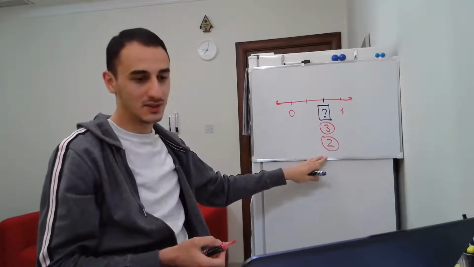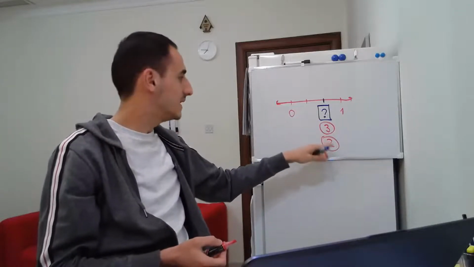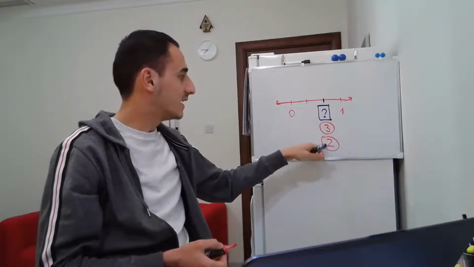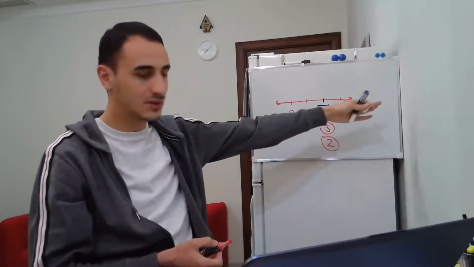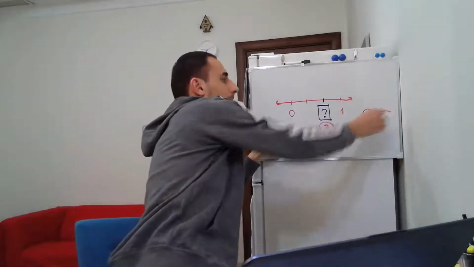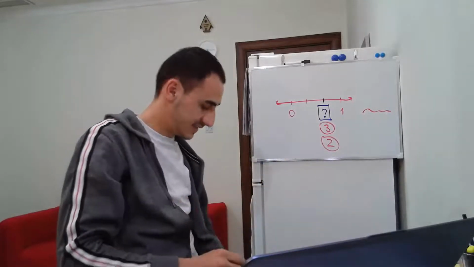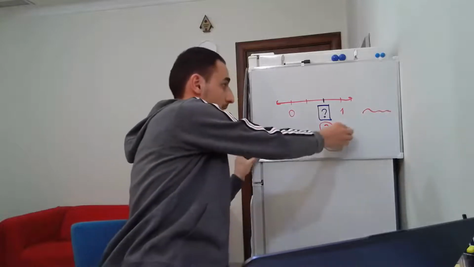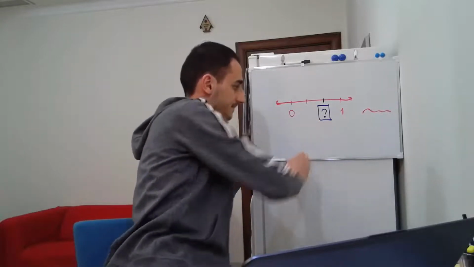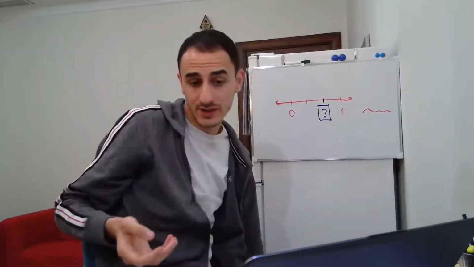Then 2 also. These whole numbers cannot be between 0 and 1. 2 comes after 1. 3 also comes after 1, somewhere here. So if you write 2 and 3, it is completely wrong. It is a fraction. Maybe 1/4, 2/3.